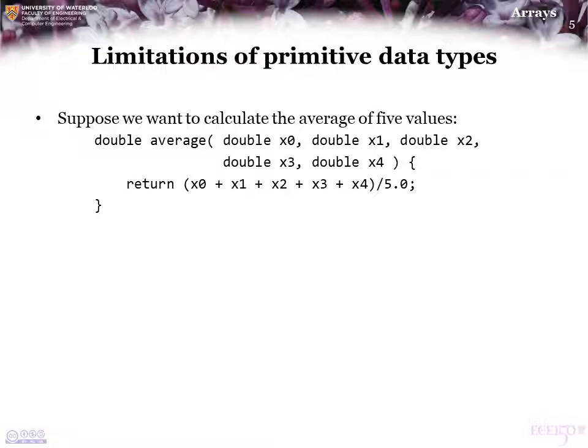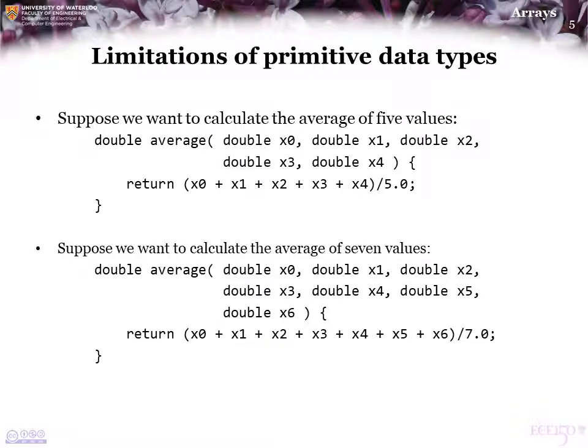Now, suppose we wanted to author a function that calculated the average of 5 values. This would require us to write down this function here that takes 5 parameters and then calculates the average and returns that value. On the other hand, if we now wanted a different function that calculated the average of 7 values, we would have to author a different function that had a different number of parameters.